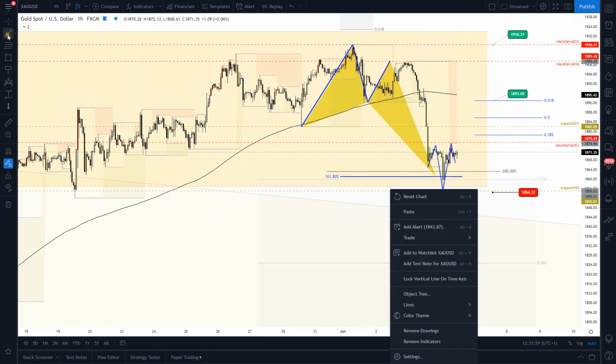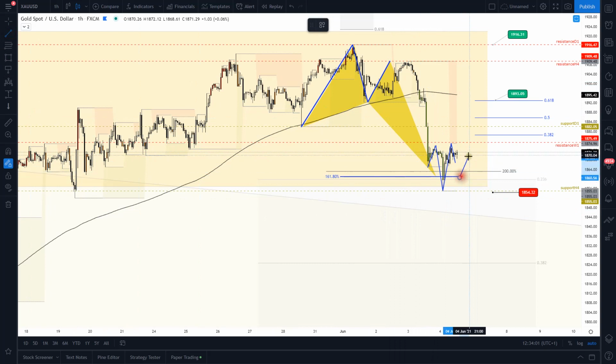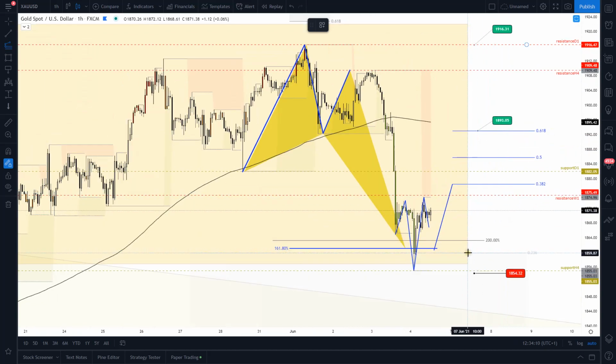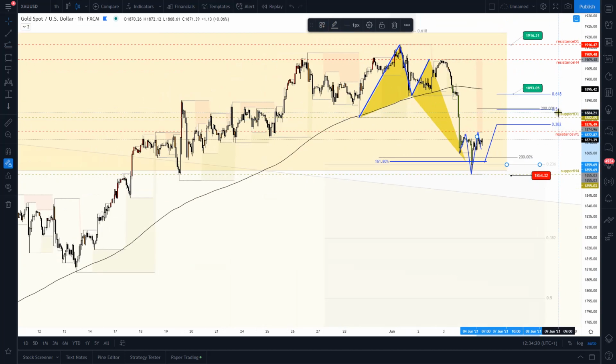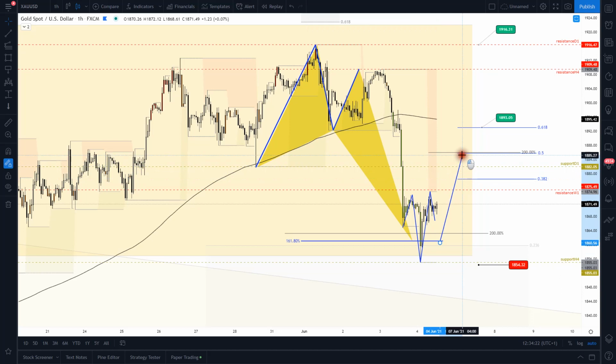The crab pattern usually tends to find support and to search for the 38% Fibonacci retracement. But if we measure the default projection for the inverted head and shoulders, that will put the price trading at the 50% Fibonacci retracement level.